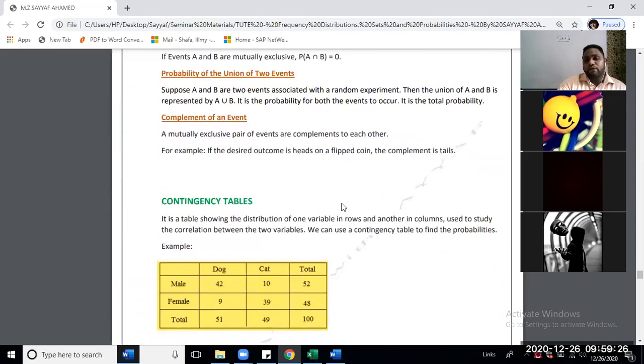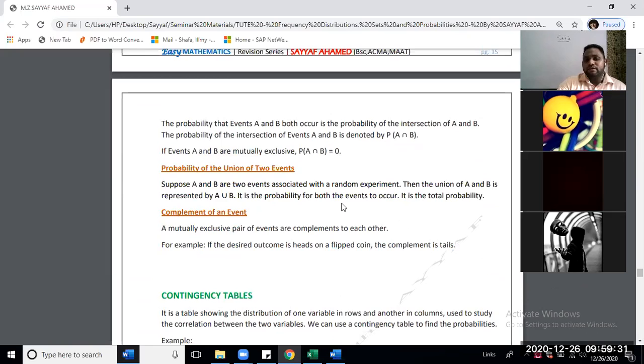And also the complement of an event, the same meaning applies. Union, intersection, and the complement of an event have the same meaning which we studied under sets.